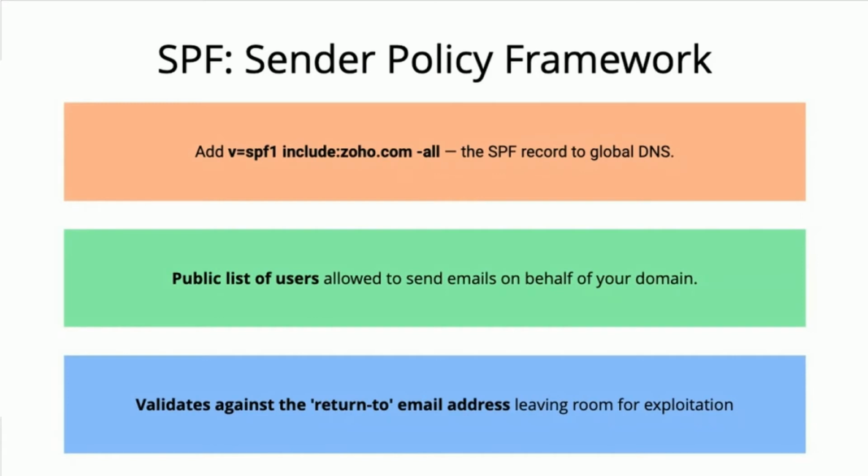If it did not come from the Zoho.com server, then the receiving server will consider it to be inauthentic and it will not deliver the email. And if it did come from the Zoho.com server, then the receiving server will consider it to be authentic and then the email will be delivered.